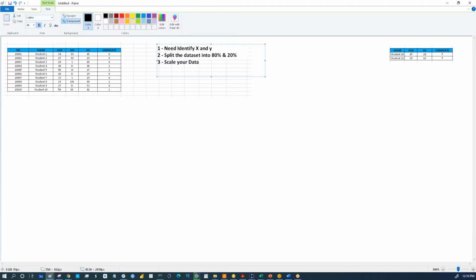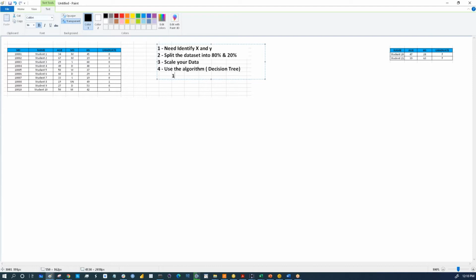After that, we are going to use the algorithm. In our case, it's going to be a decision tree. And how do we use this algorithm? It could be decision tree, it could be naive Bayes, it could be support vector machine, it could be regression models, it could be any model.